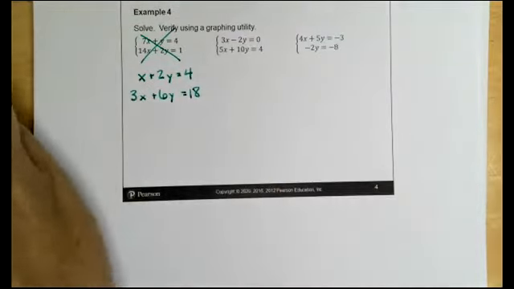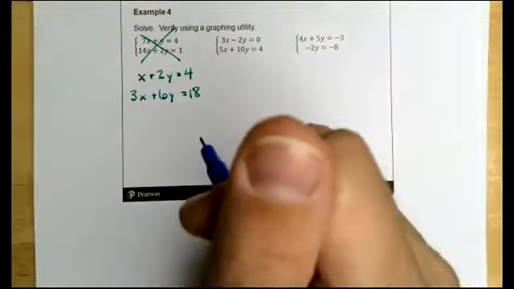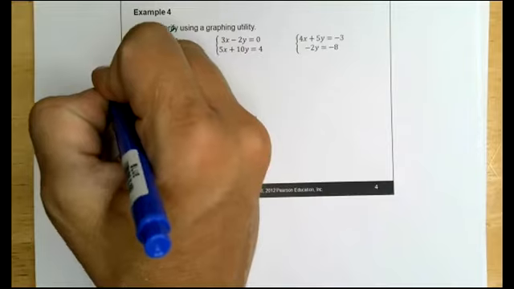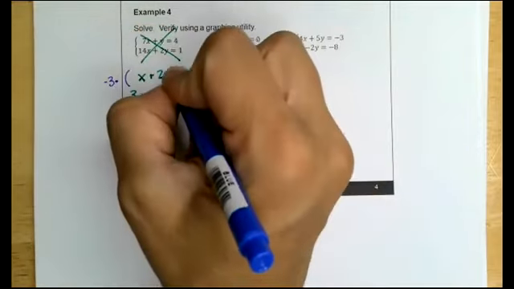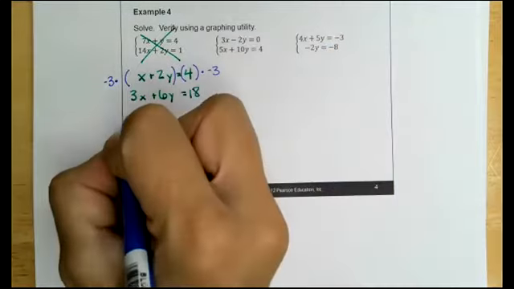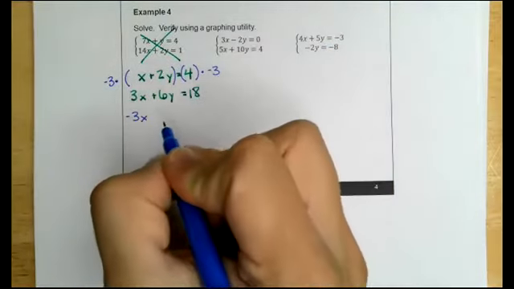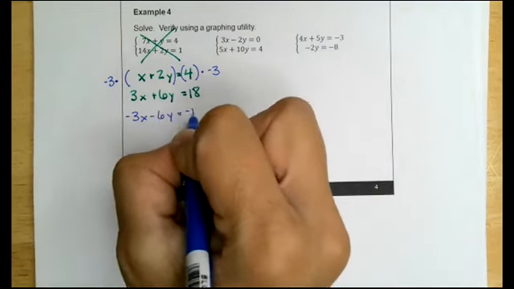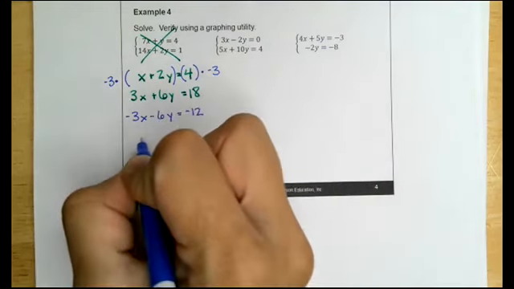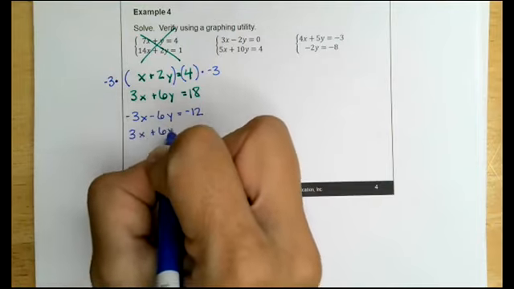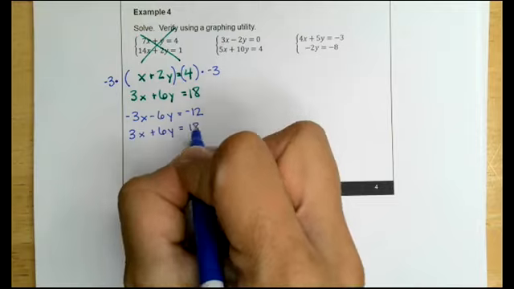If I want them to eliminate, I need a -3 up here. So I'll multiply by -3. I get -3x minus 6y equals -12. Okay. And then I still have the 3x plus 6y equals 18.